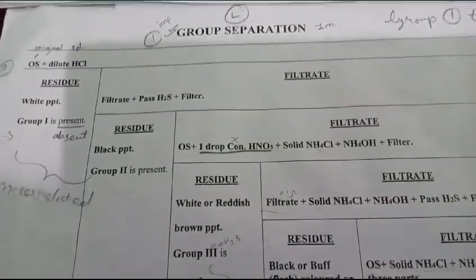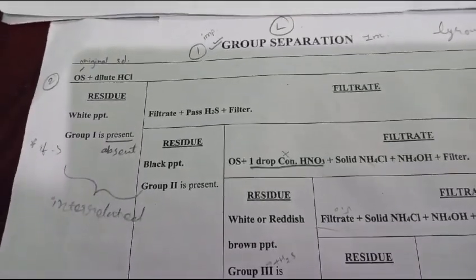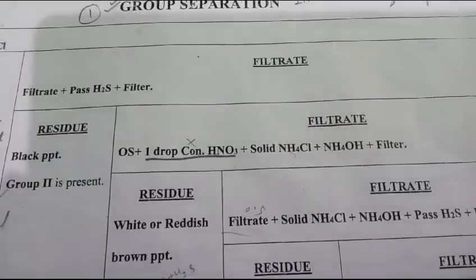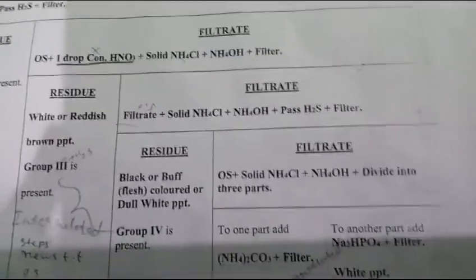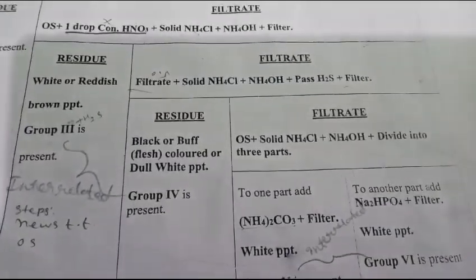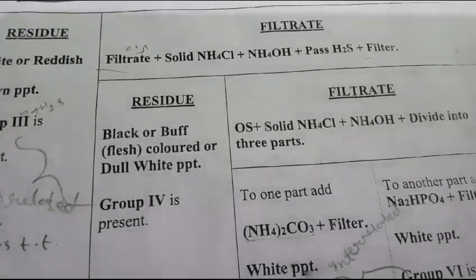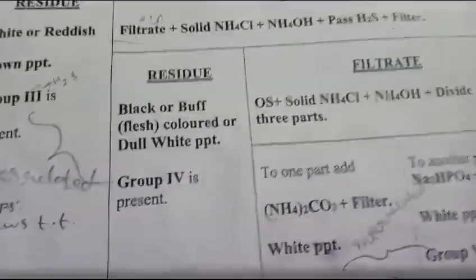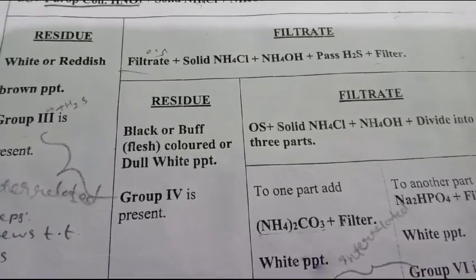In the group separation, for group 1 you will not get any precipitate. Group 2 precipitate you will also not get. Group 3 also you will not get. Group 4 you will get. And in group 4, when you get two precipitates, the black one is for nickel and the white precipitate is for zinc.